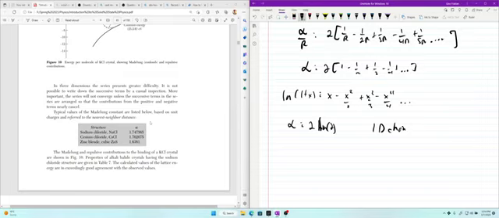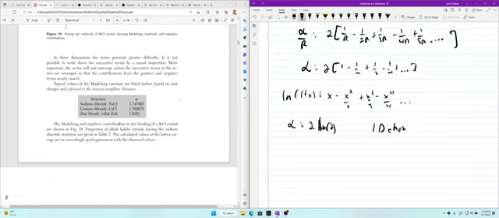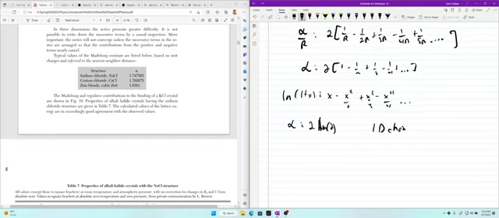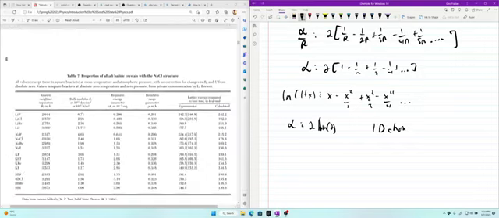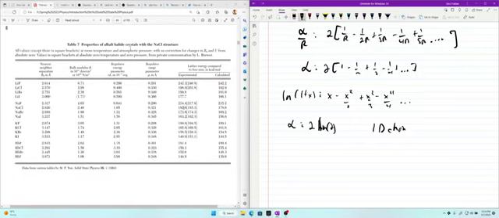And here are some typical values of the actual Madelung constants for a couple of structures: sodium chloride, cesium chloride, and zinc blende cubic, I guess. Nice. All right, here's a table of the properties of these alkali halide crystals with the salt structure, which is just the normal cubic ionic structure.